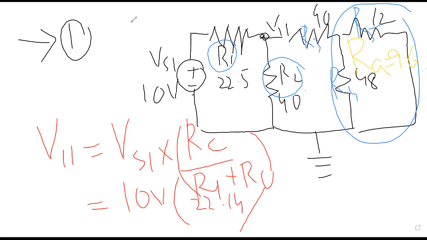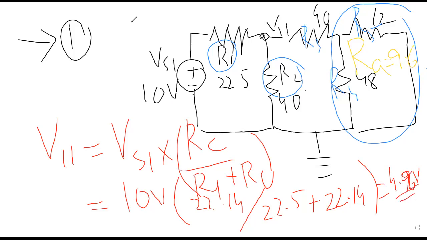R1 is 22.5. So V11 equals 4.96. Now this is for circuit number 1.